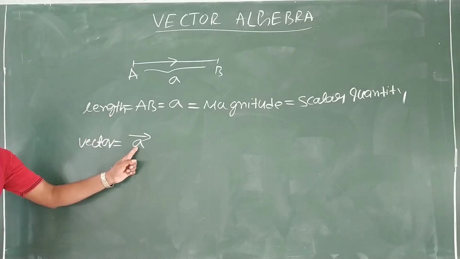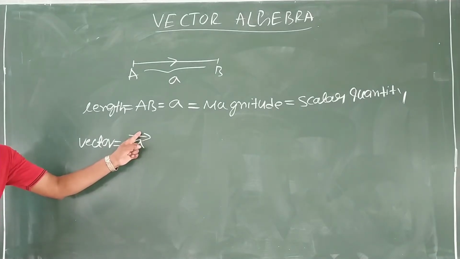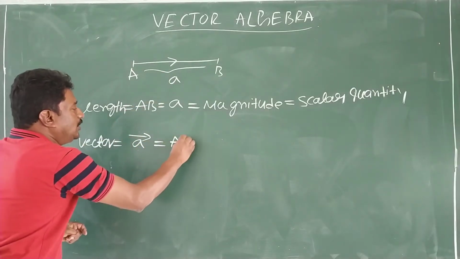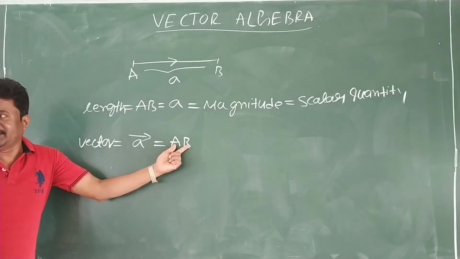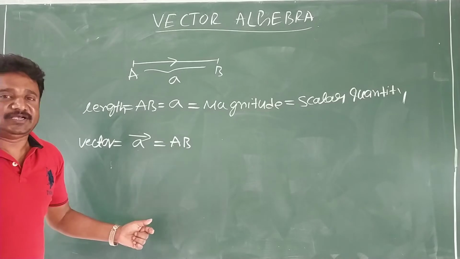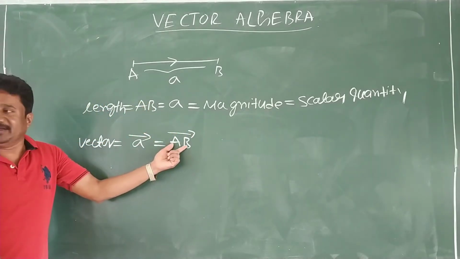So representation is so important. You should write both magnitude as well as direction. So you write vector. If I write only AB, it is magnitude, right? If you want to write vector, writing the arrow mark is so important. Now it is becoming vector.